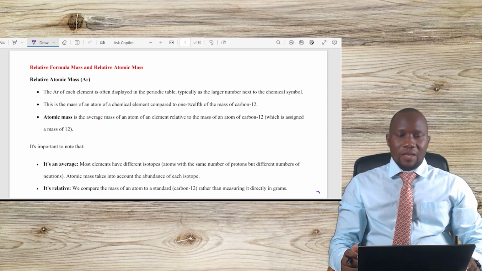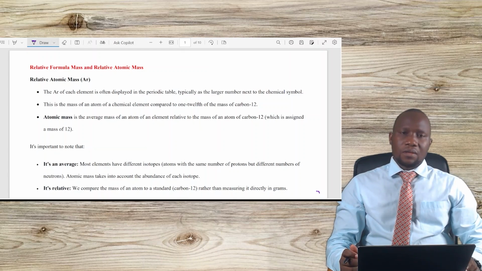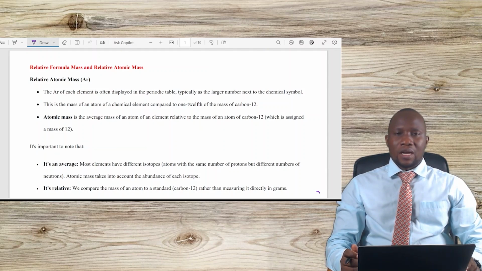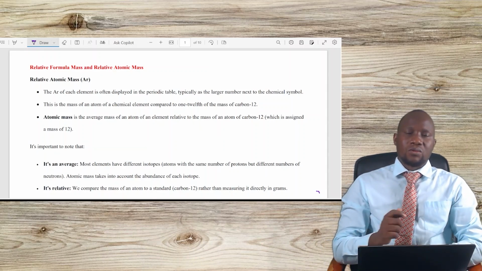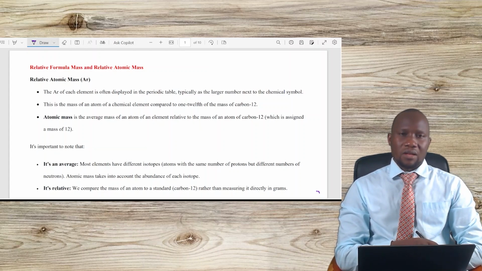I hope you pay enough attention to basically understand these concepts from the one go, because understanding of these concepts is very crucial because it influences your understanding of subsequent concepts related to calculation of masses of compounds, calculation of moles, calculation of the required mass to make compounds or to quantify compounds.